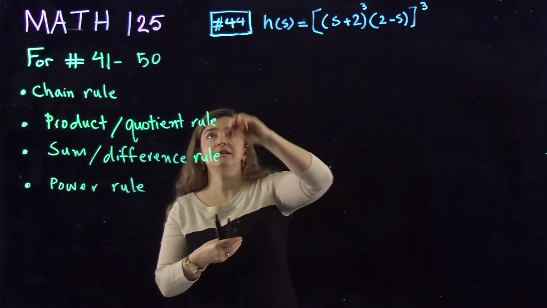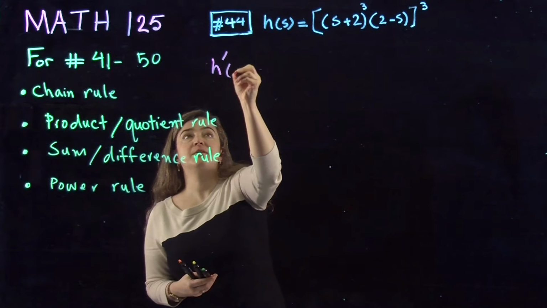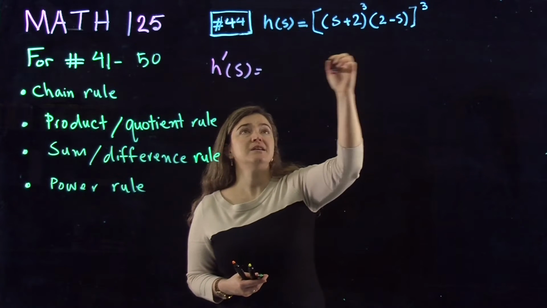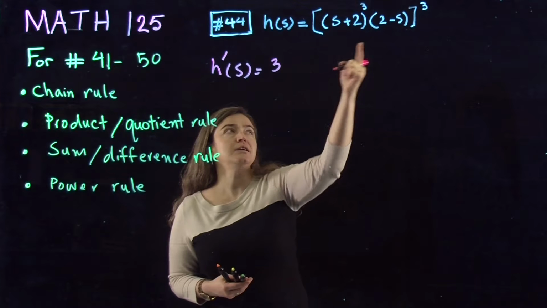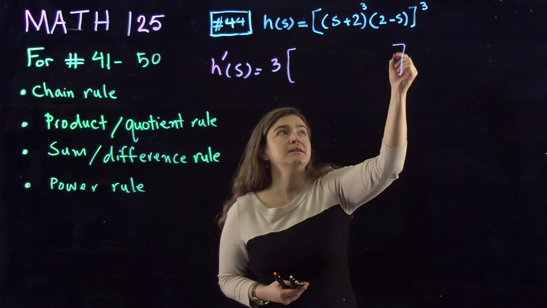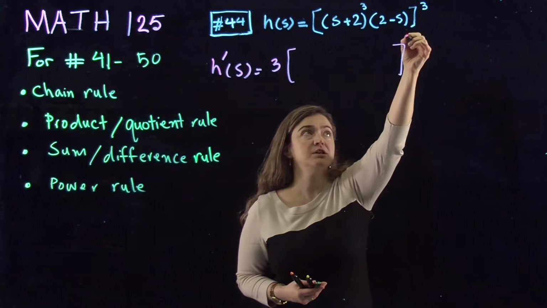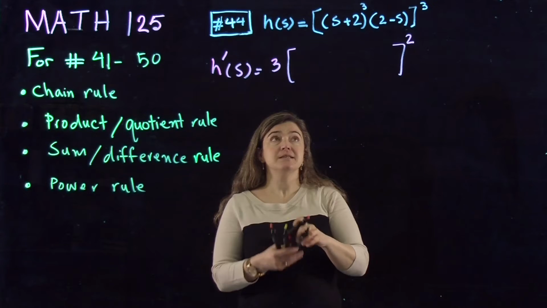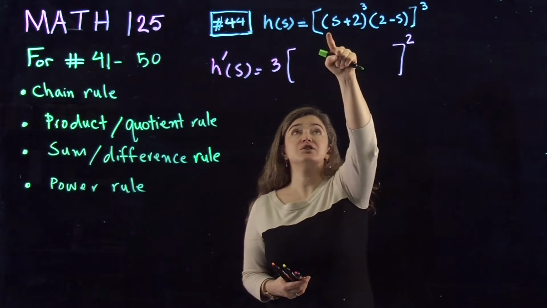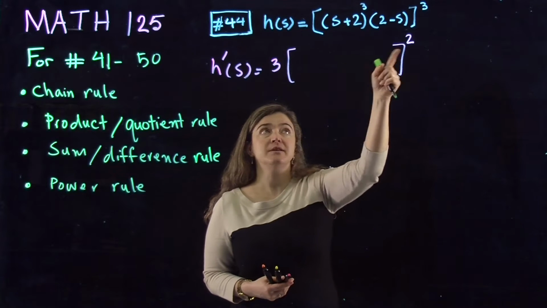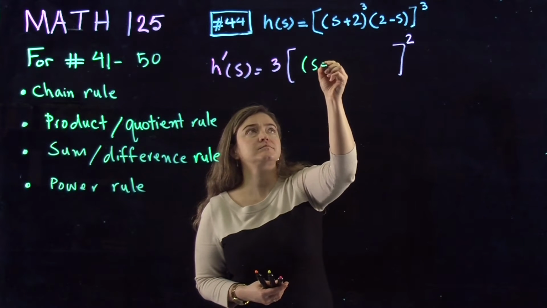So how do I write it? h prime of s is equal to, so derivative with respect to s, is equal to 3 comes down, the outside function is to power 3, the entire thing to power 1 less than 3, which is 2.